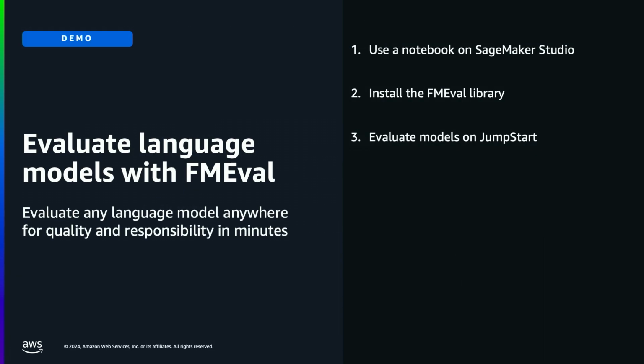In this notebook, first off, we're going to open up a notebook in SageMaker Studio. Then we're going to install the FM eval library using the open source repository. And then we will evaluate models on SageMaker JumpStart. So let's dive in. All right, so let's take a look.